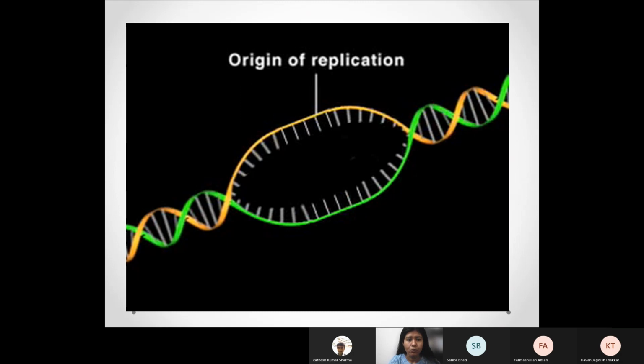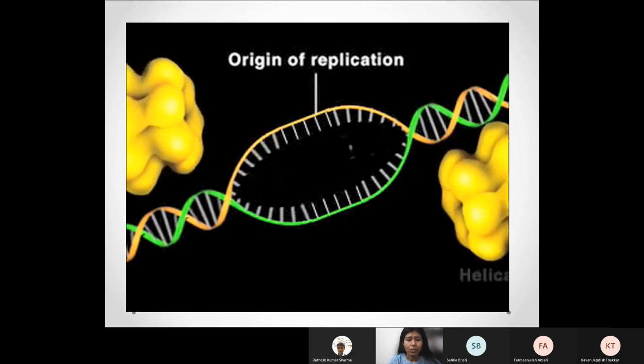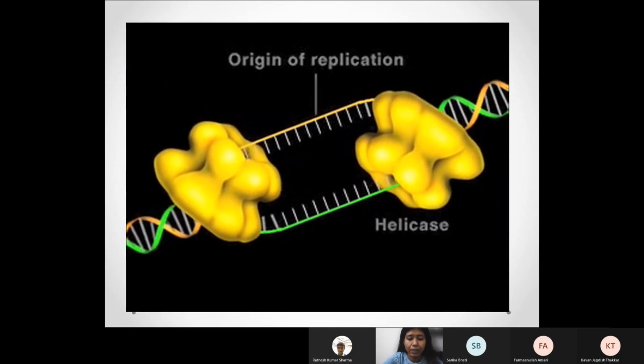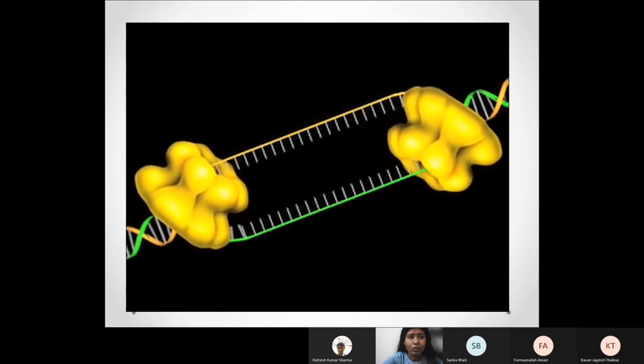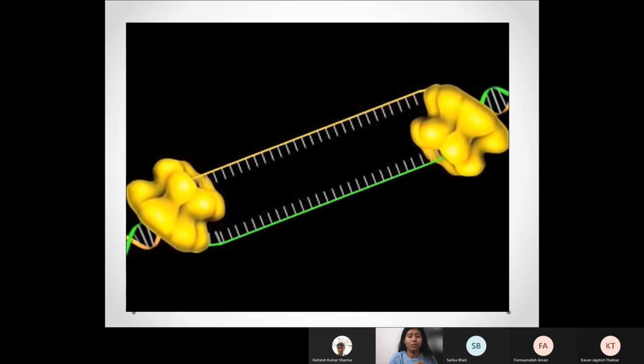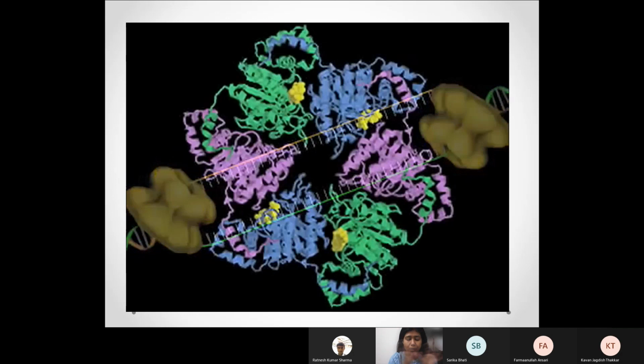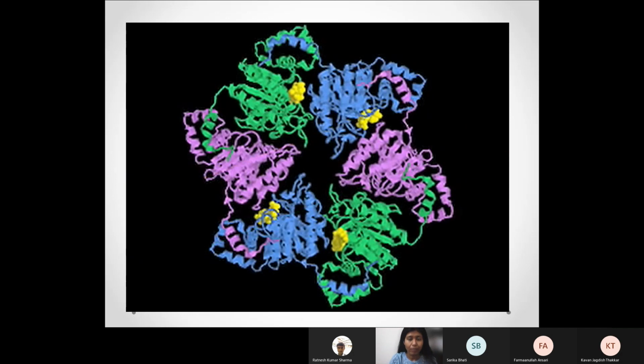So here is the cartoon, which depicts how the AAA ATPase hexameric helicases behave, and they took a specific example of T7 helicase. But this is a general cartoonic depiction because T7 is dependent on TTP hydrolysis, but here they have used an analogy of ATP.